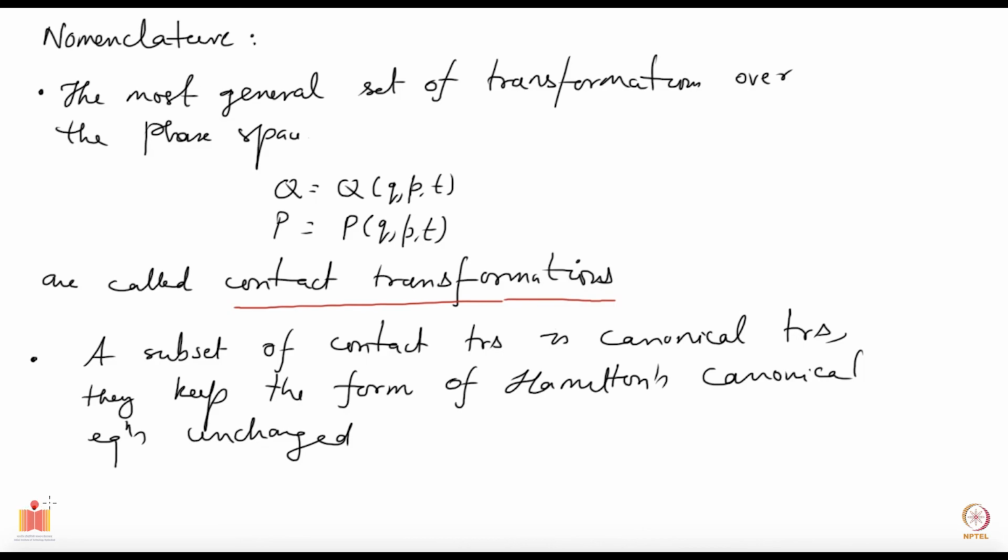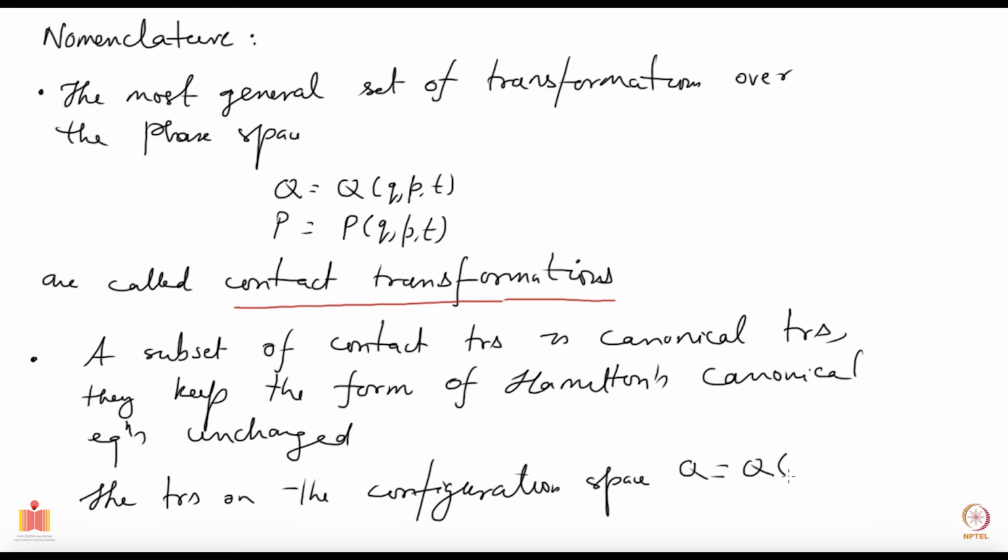And the transformations on the configuration space, where only the coordinates are changed, where your Q is only a function of q and possibly time, are called point transformations.